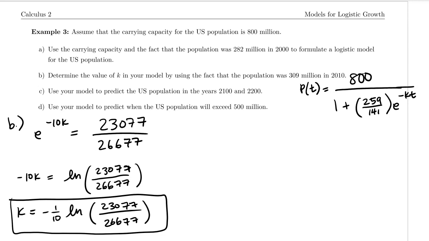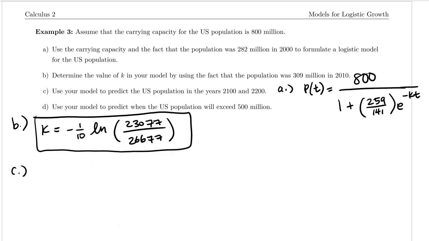Part C says use your model to predict the US population in the years 2100 and 2200. All right, so in 2100, our t value would be 100, so we're essentially taking our population function or model and plugging in 100.